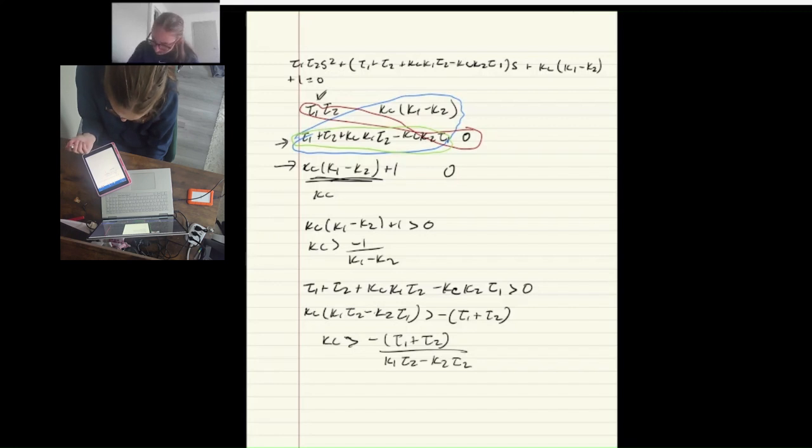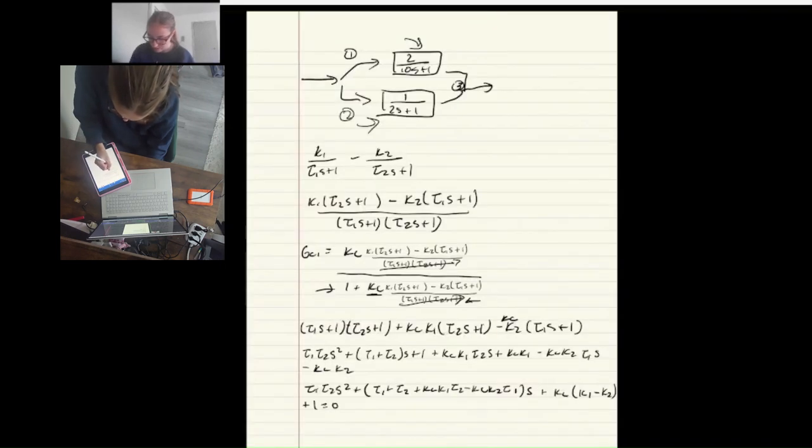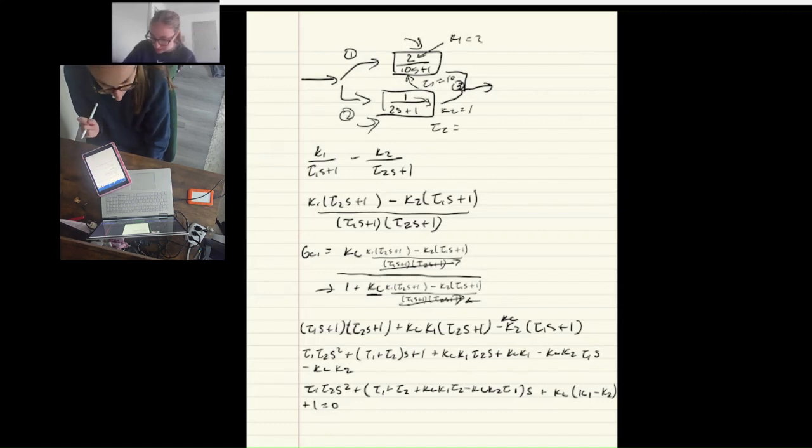K1, tau 1. Here, now we're going to plug in what we got for this. So this 2 is our K1, this here is our tau 1, so this is equal to 2, this is equal to 10, K2 is equal to 1, and then tau 2 is equal to 2.